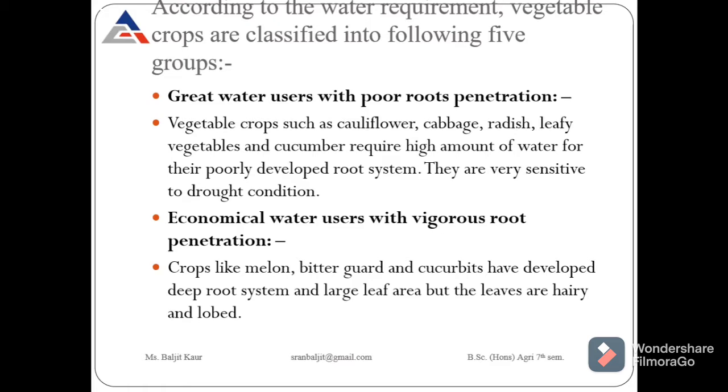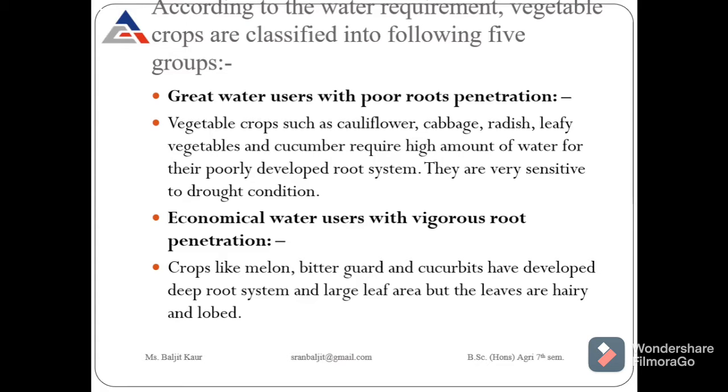Vegetable crops like cauliflower, cabbage, radish, leafy vegetables, and cucumber require a high amount of water and have a poorly developed root system, right? So if there is any moisture stress, then these crops will not grow properly. They are very sensitive to drought conditions, right? So drought conditions should not be there. Water should be supplied from time to time.